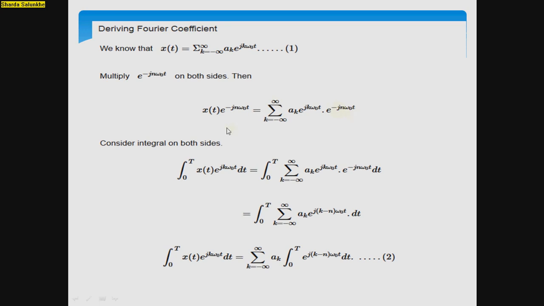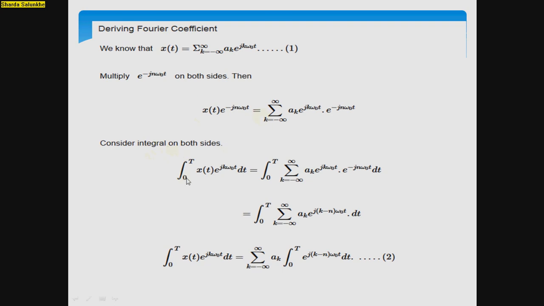For this derivation, you need pen and paper. Then only you will get the derivation of the Fourier coefficients. So in the first step, we multiply equation number 1 by e raised to minus j n omega 0 t on both sides, and you will get this expression. Now consider the integral on both sides.